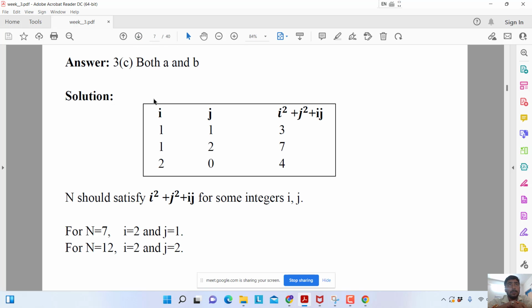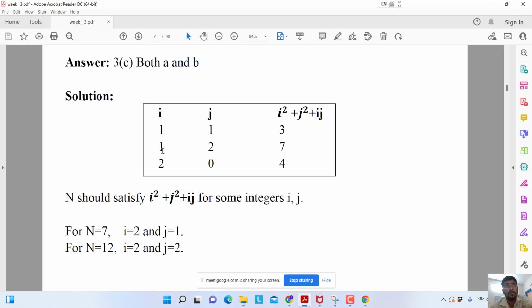Okay, so to check the valid cluster, we have 2 points i and j, and the combination of that formula should be an integer. That will help to find the valid cluster. So if we put the value of i as 1 and j as 1, it will come 3. It's an integer, so it's possible.